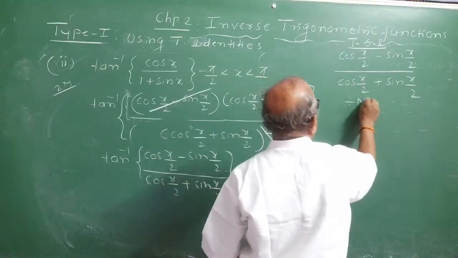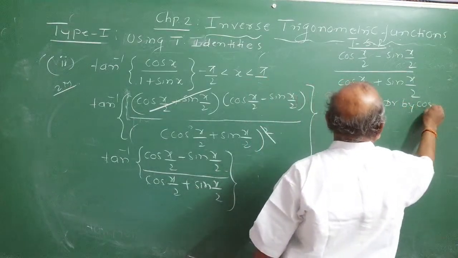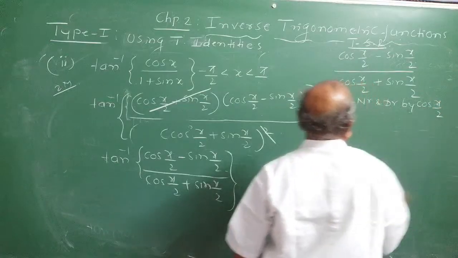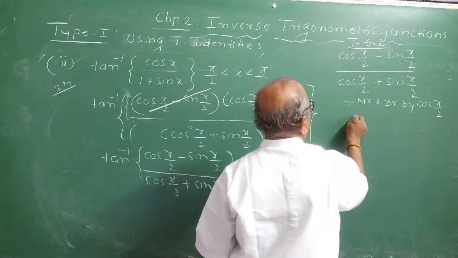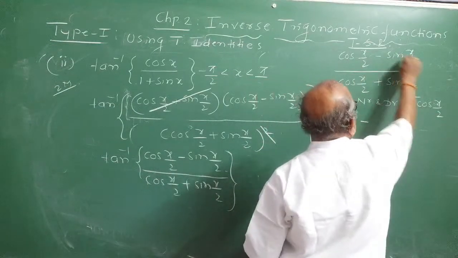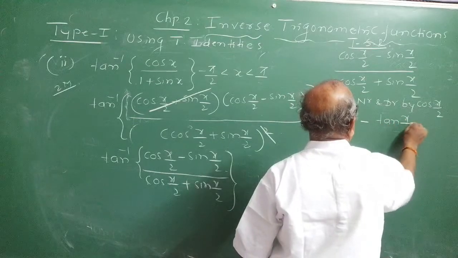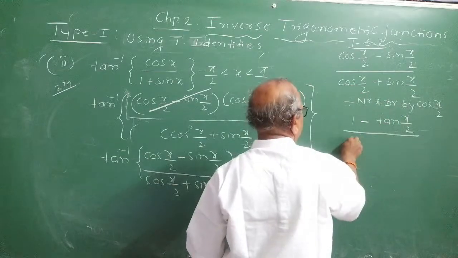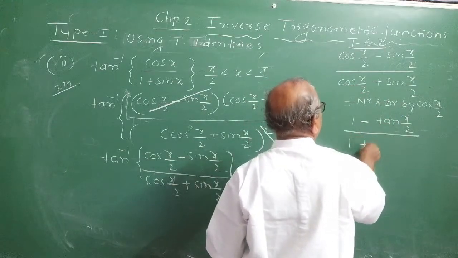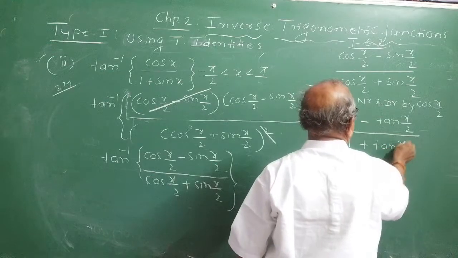Divide numerator and denominator by cos x by 2. What I am going to do, you will understand shortly. Cos x by 2 upon cos x by 2 becomes 1. Sin x by 2 upon cos x by 2 becomes tan x by 2, divided by 1 plus sin x by 2 upon cos x by 2, which is tan x by 2.